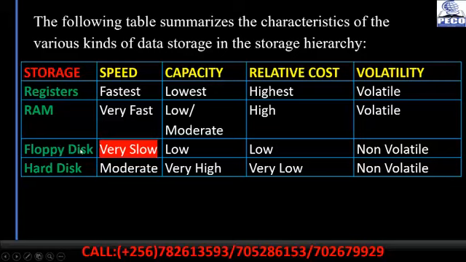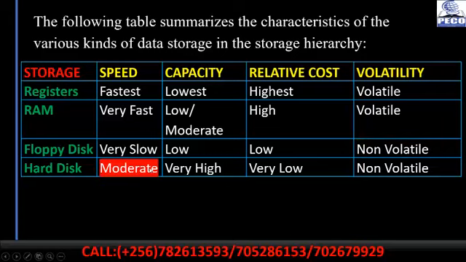Then floppy disk. Speed is very low. Capacity low. Relative cost low. Floppy disks are very cheap. Although floppy disks are hardly in use now, they used to be very cheap. And they are non-volatile, meaning that they can store information permanently.